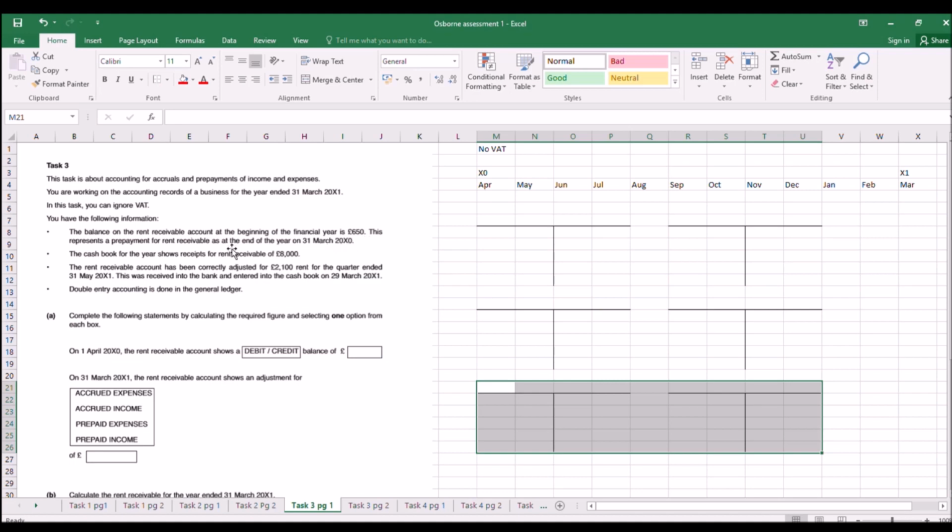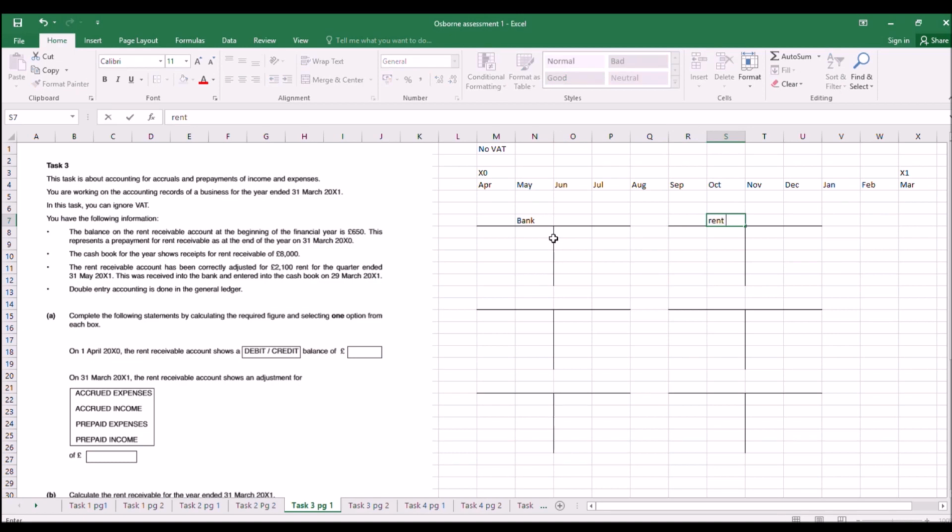Okay, so at the start of the year, this represents a prepayment for rent receivable as at the 31st of March 2012. So we've got a bank account here, and we've got a rent receivable, and we've got some kind of deferred income. So what happened here is we got a payment.